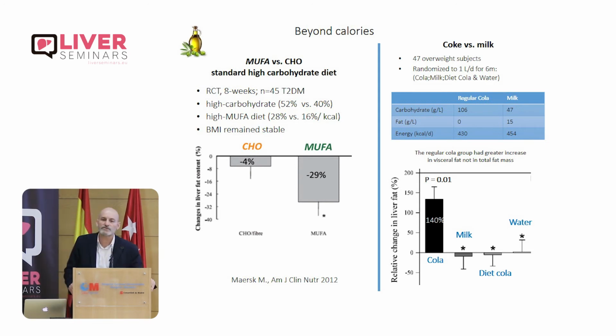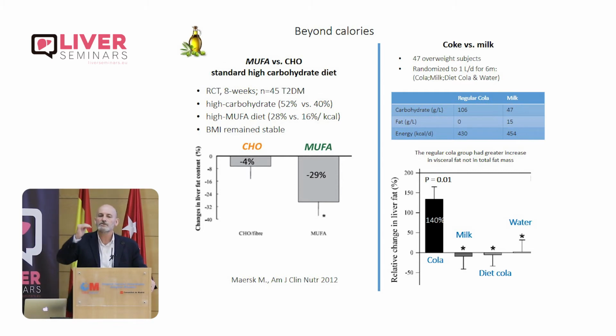The amount of calories of 1 liter of regular Coke is 430 and the milk is 454, higher in 1 liter of milk in comparison with 1 liter of Coke, but you can see how Coke promotes an increase in fatty liver of 140% in comparison with milk without change.